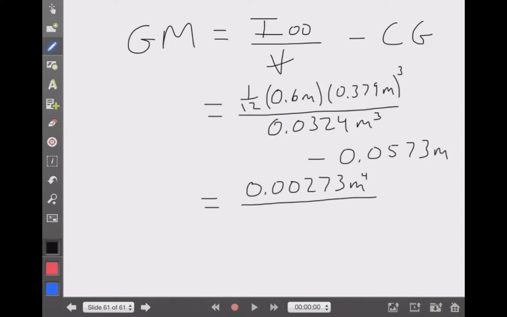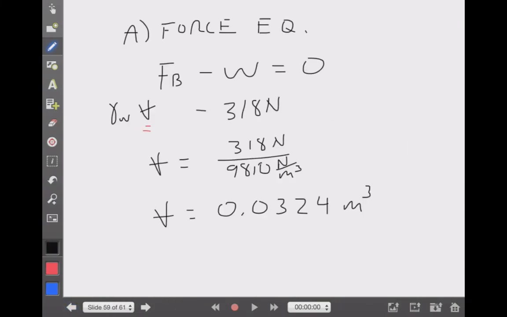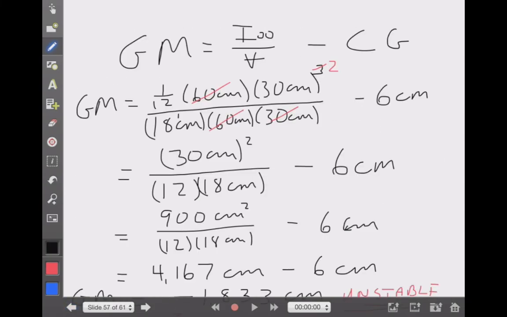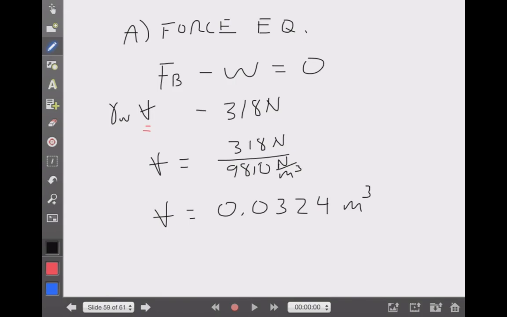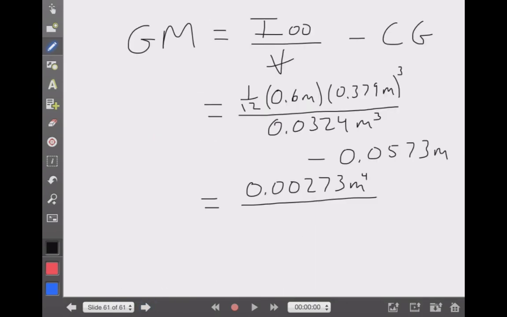The area, again, did I get that right? Yeah. 0.0324 meters cubed, and then we're going to subtract off 0.0573 meters.